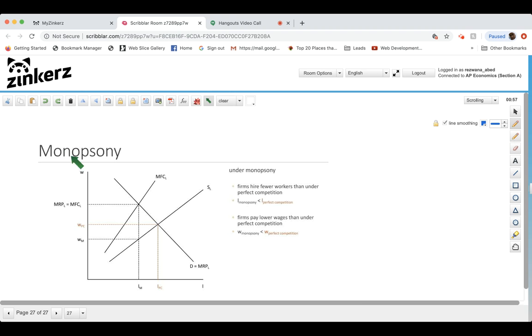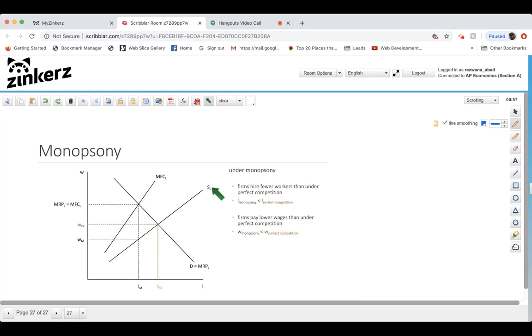So this is the graph for a monopsony. We have the wage rate on the vertical axis, the quantity of labor on the horizontal axis, and this is the supply of labor. But then we said that the marginal factor cost is going to be rising a lot faster than the supply of labor.